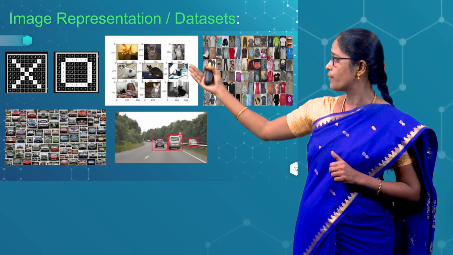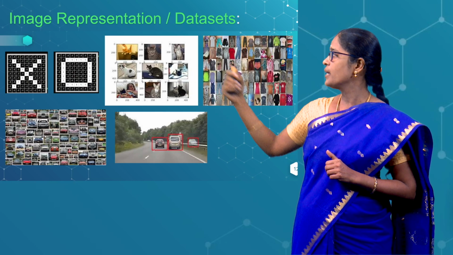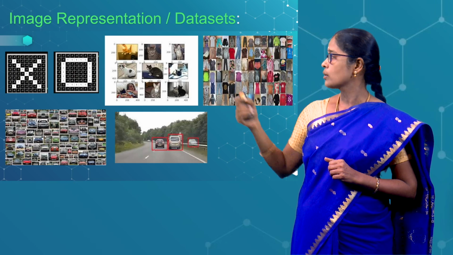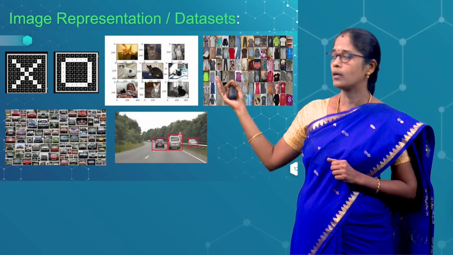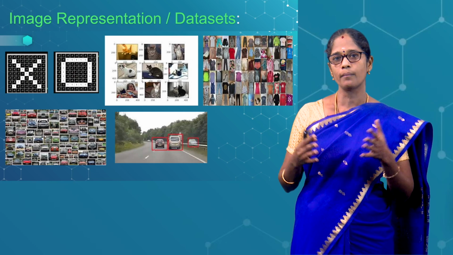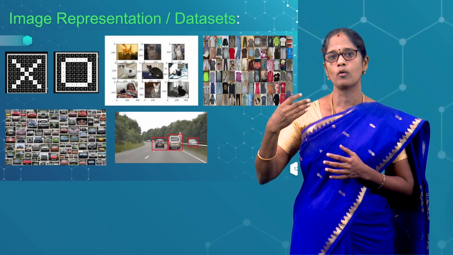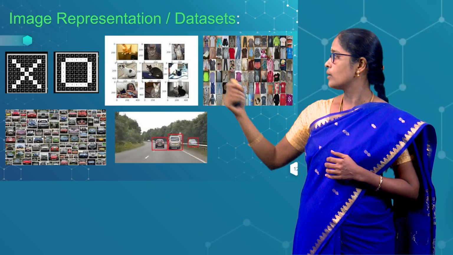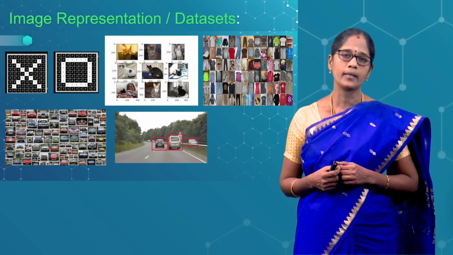Here I have given different types of image data sets, like a cat database, and clothing databases with different types of clothing that boys and girls wear, like baba suits, tops, pants, t-shirts, frocks, etc. And the fifth database is the car data set.